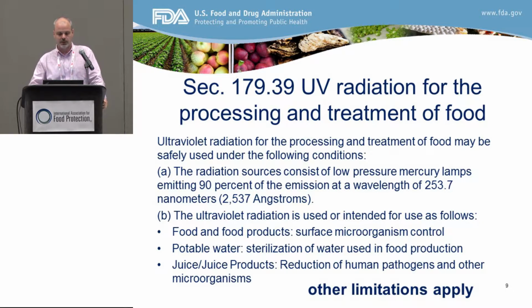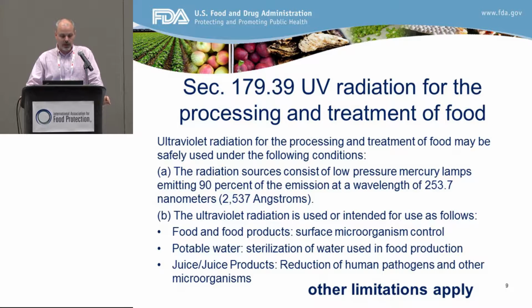You can certainly go to this section of the regulation and read it in detail. But what's important here is that it sets specific points about how the system must operate, but then also the intended uses as well. And these have to do with the submissions that the agency has received to date.